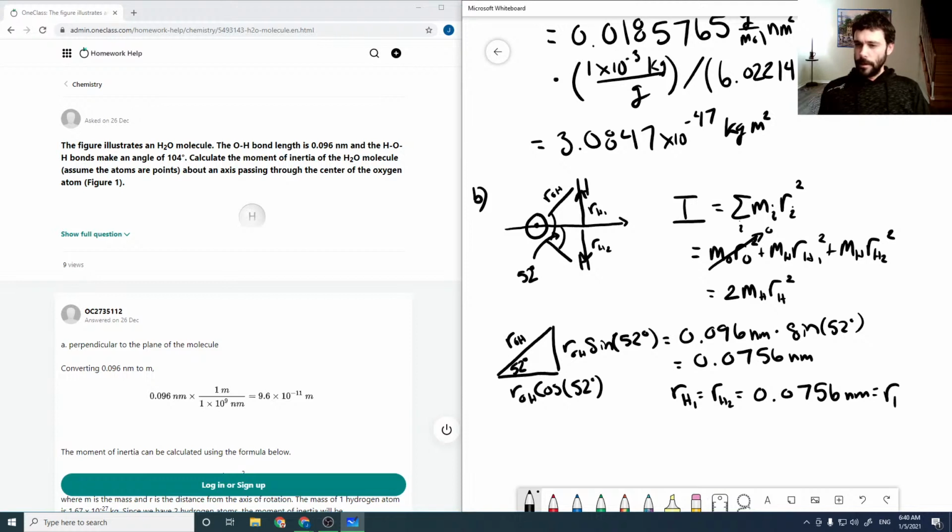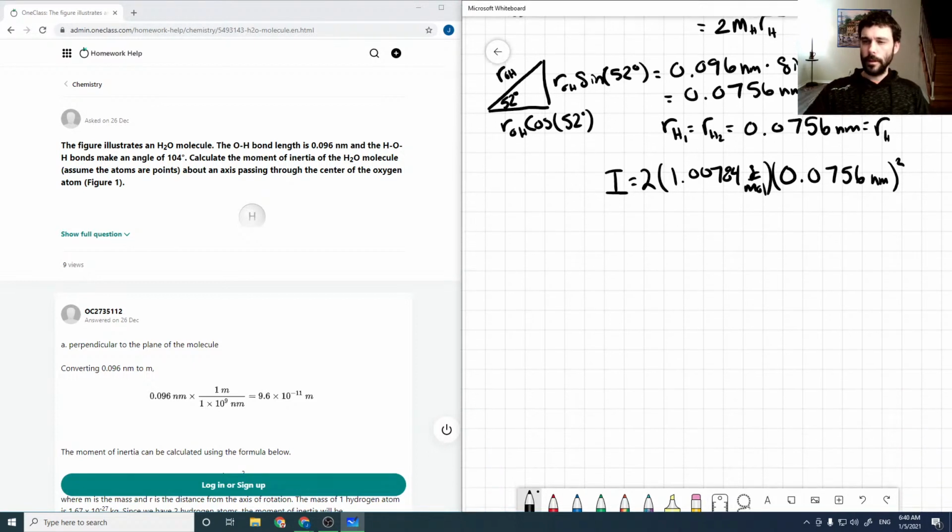I'm just going to call this R_H. So our moment of inertia is 2 times our mass of hydrogen, which is 1.00784 grams per mole, times this distance squared.